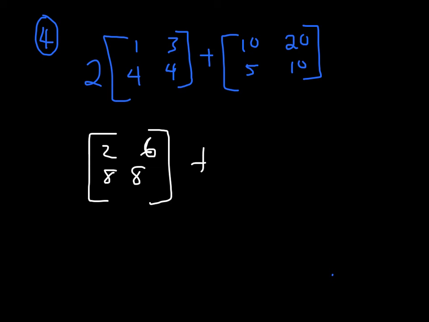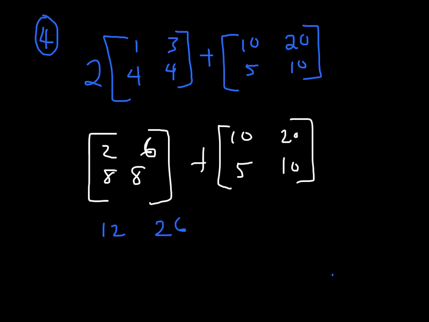Okay, and then plus the matrix that we had already, 10, 20, 5, and 10. So again, just like before, 2 plus 10 is 12, 6 plus 20 is 26, 8 plus 5 is 13, and 8 plus 10 is 18. Okay, so your matrix answer would be 12, 26, 13, 18.